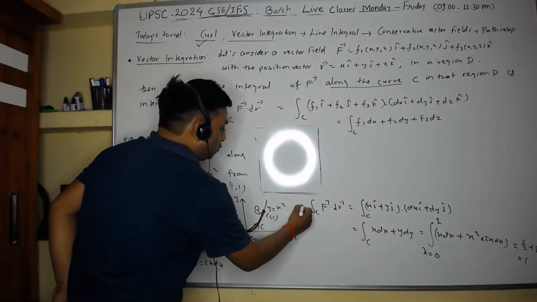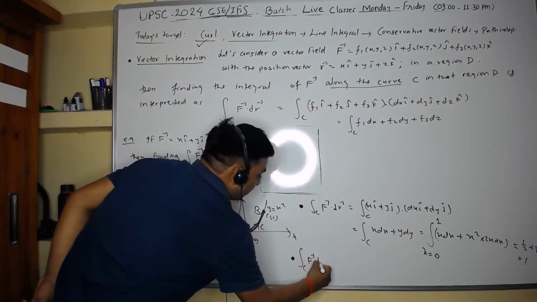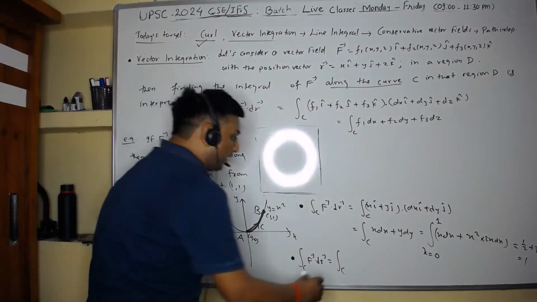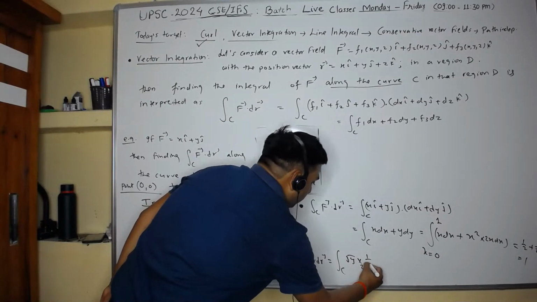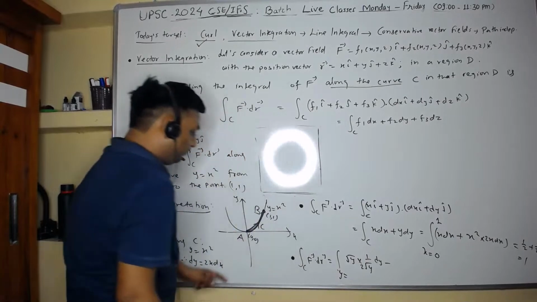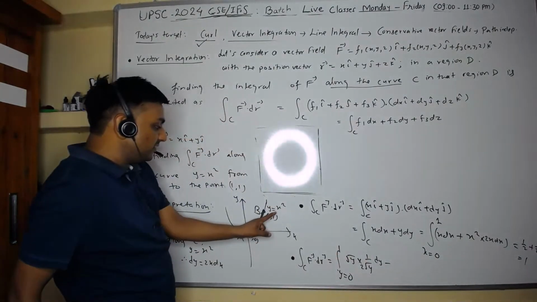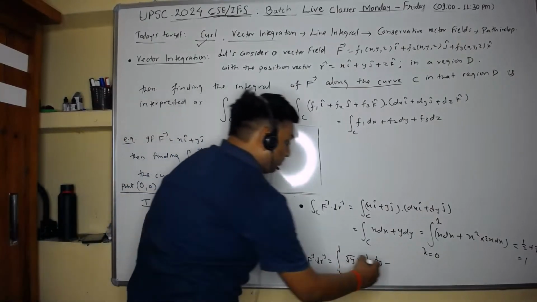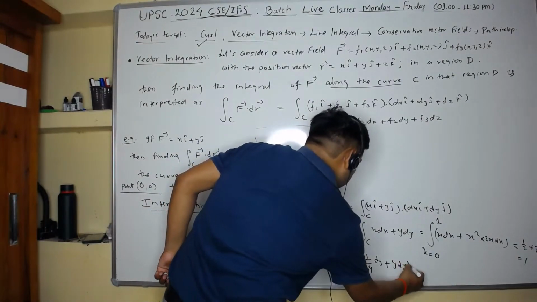So you can have two ways. The second way for the integral of f vector dot dr vector is to convert x into y: x is root y, so dx will be 1 upon 2 root y dy. Here y goes from 0 to 1, and x is from 0 to root y, so the whole curve is covered. Plus y dy.